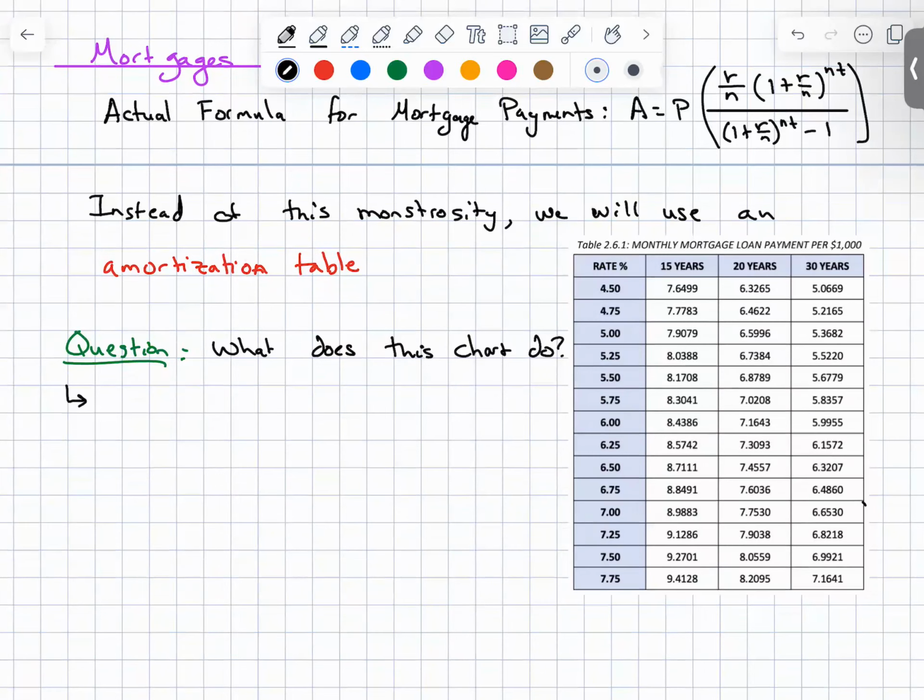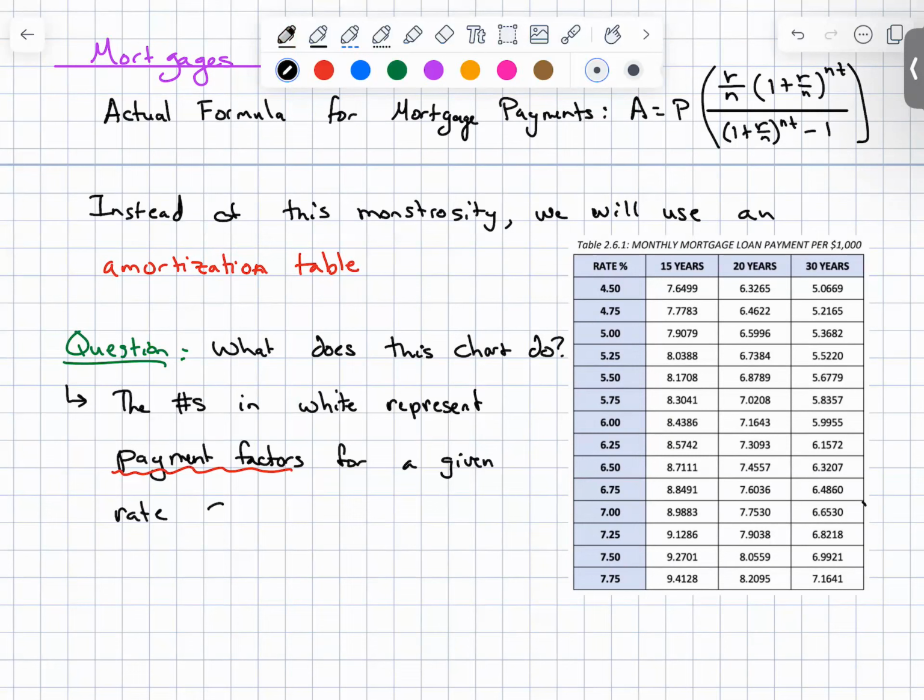So the numbers in white represent payment factors for a given rate and time period.